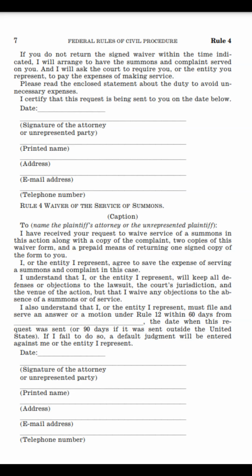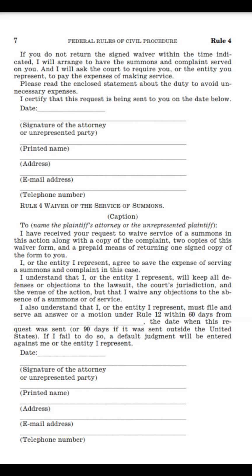Caption. To: name of the plaintiff's attorney or the unrepresented plaintiff. I have received your request to waive service of a summons in this action, along with a copy of the complaint, two copies of this waiver form, and a prepaid means of returning one signed copy of the form to you. I, or the entity I represent, agree to save the expense of serving a summons and complaint in this case.